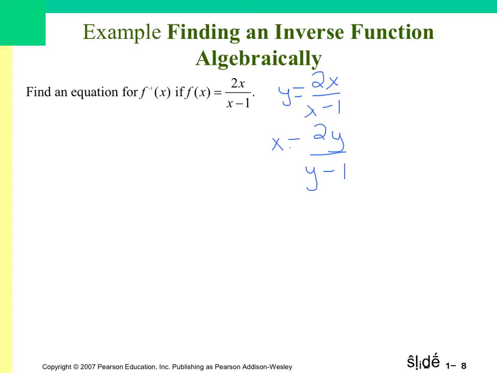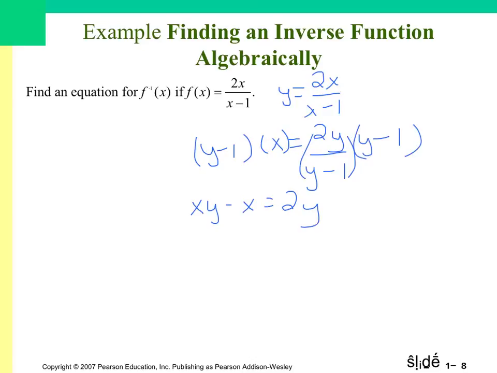Now you have to solve this equation for y. So first thing you've got to do, multiply both sides by y minus 1. So distribute the x, and you get xy minus x equals 2y, because those cancel each other out.